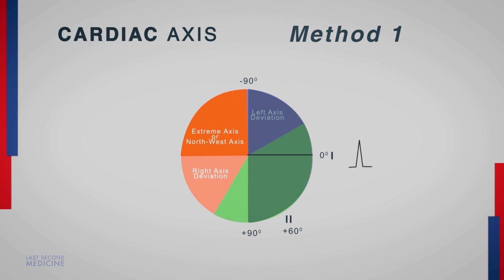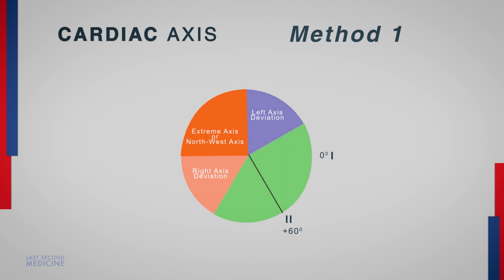An axis at exactly plus 90 degrees or minus 90 degrees would cause a precisely isoelectric QRS complex in lead 1. Thus, a predominantly positive QRS complex in lead 1 excludes right axis deviation, that is, axis beyond plus 90 degrees, but does not exclude left axis deviation, that is, an axis beyond minus 30 degrees.